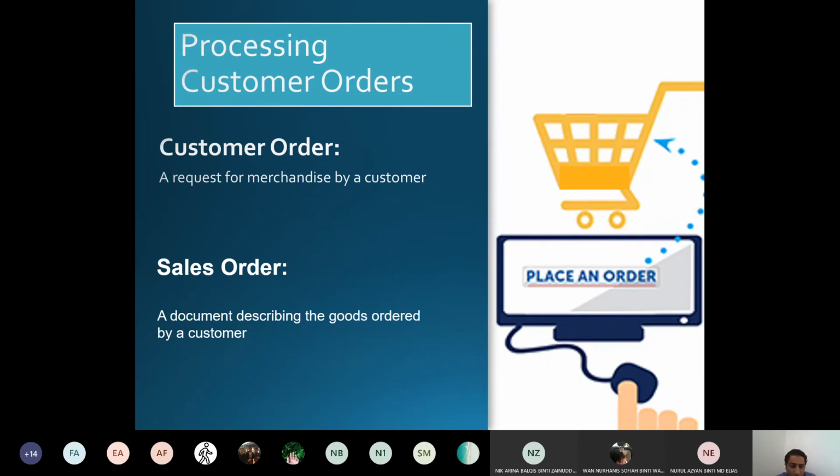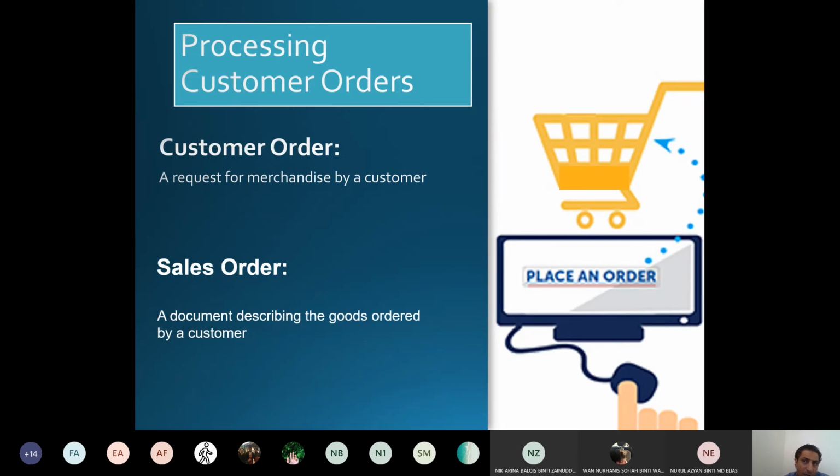So we first need to put this specification to check in the system, and we also use the internal sales order as one of the internal control tools to verify, not to rely on the customer orders.